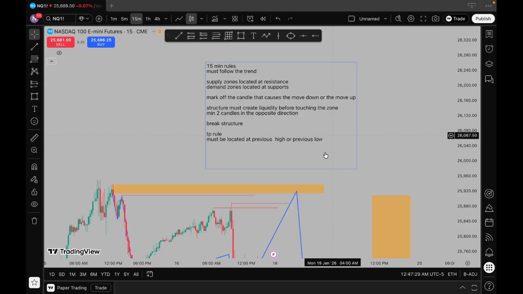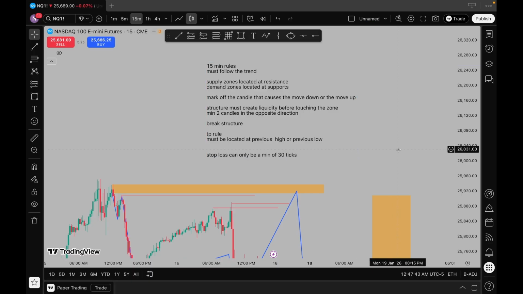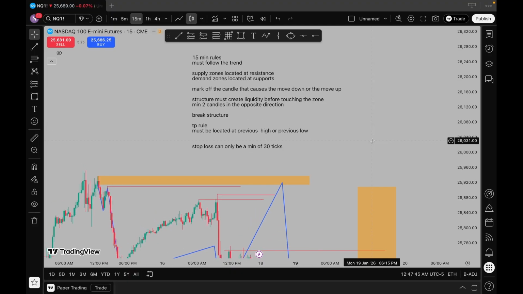Oh no, and then the stop loss can only be a minimum of 30 ticks. So let me know when you guys are done with that.